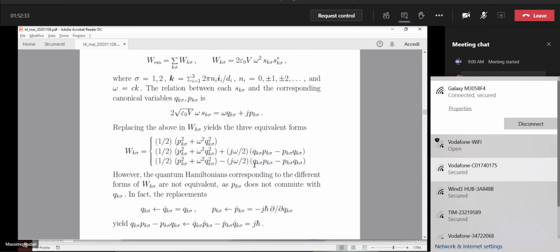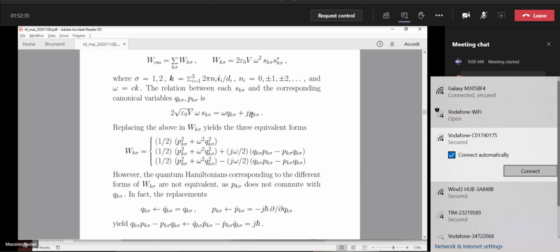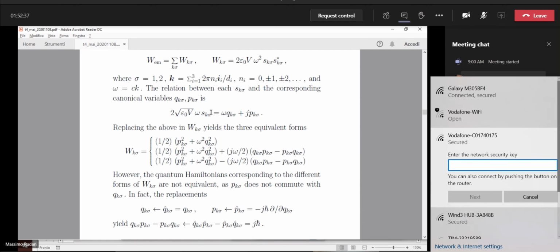So why did we write them down? Because when you do the replacement here of S into the original expression of the energy of the individual mode, you replace two complex numbers, and then you calculate.